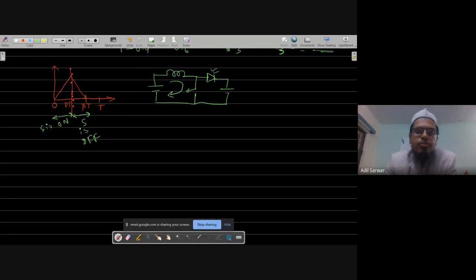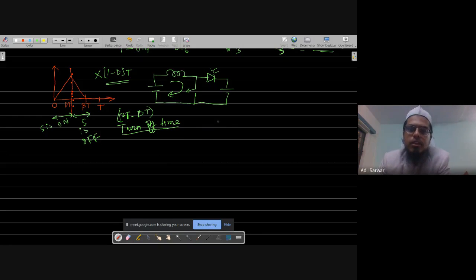When S is off, current is decreasing through the inductor and finally reaching 0 before T. So the turn off time is now not equal to (1 - D)T. This is quite important. Rather, the turn off time is βT minus DT.